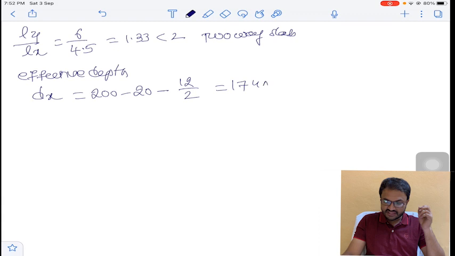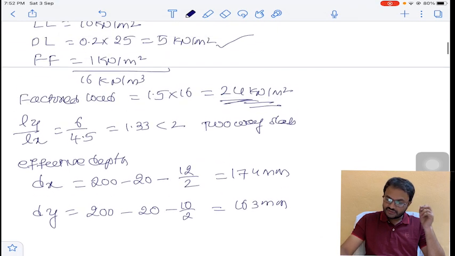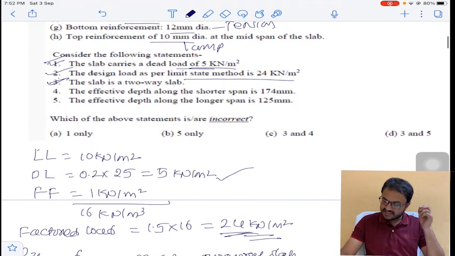So you will get 174 mm. And the effective depth along y direction is 200 minus 20 minus 10 by 2, so it will be 163 mm. So the given statement is 174 along x direction, along the shorter direction. So here you need to take the shorter direction as x direction and the longer direction as y direction.